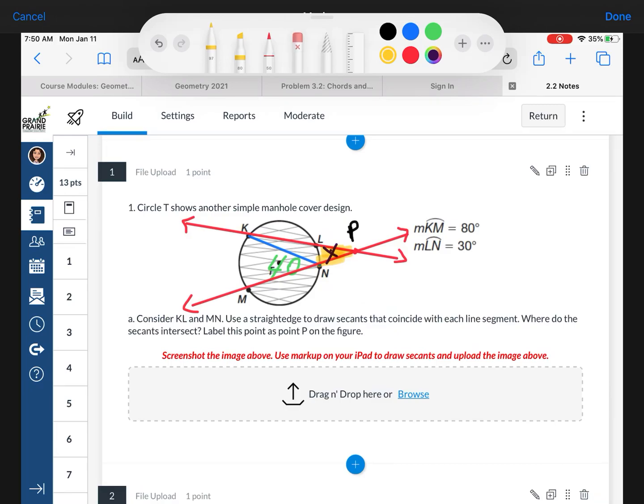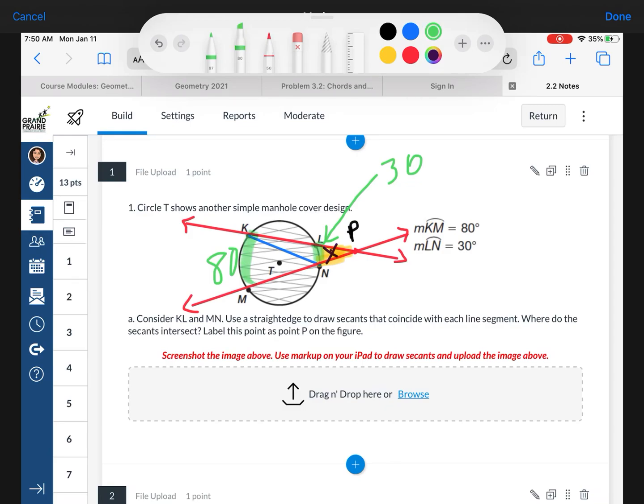So let's see what we can observe here. Once again, we still want to find that yellow highlighted angle. Remember, this arc was 80 degrees and this arc was 30 degrees. Let me highlight those arcs so you know what I'm talking about.